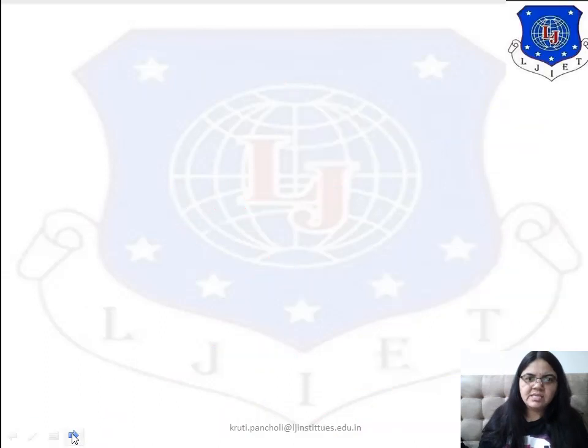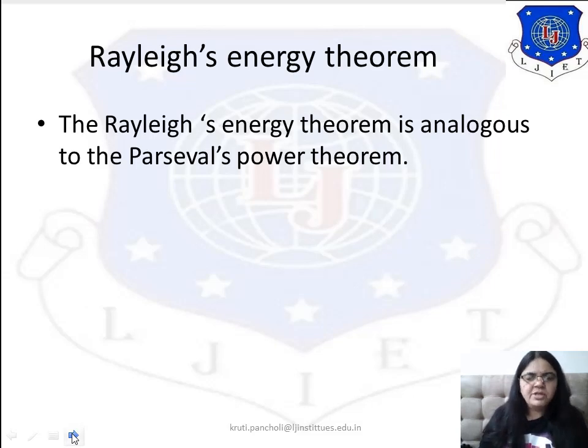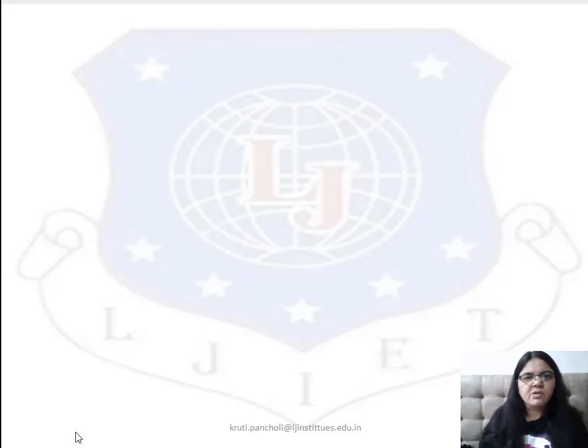Now next, the Rayleigh energy theorem. This Rayleigh energy theorem is again analogous to Parseval's power theorem. It states that the total energy of the signal x(t) is equal to the sum of energies of its individual spectral components in the frequency domain.